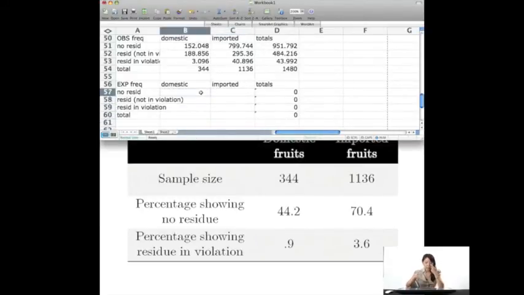All right. So what is our expected frequency? Well, the expected frequency is generally the proportion of no residue over all the fruit, right? So that will be this row total divided by the grand total. That's the general rate. And we want to lock down this row.